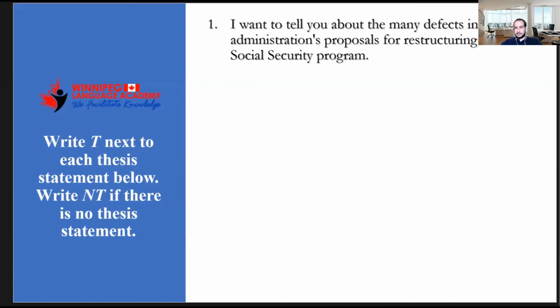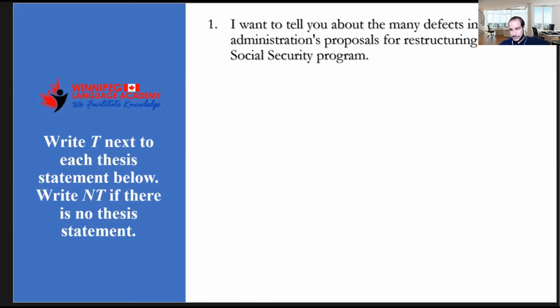There are many defects in the administration proposal for restructuring the social security program. That's perfect. Now, if you say there are many defects, you remove the announcement of, hey, I will tell you. You didn't use it. And in this case, you changed it from an announcement into a thesis statement, and that's right.